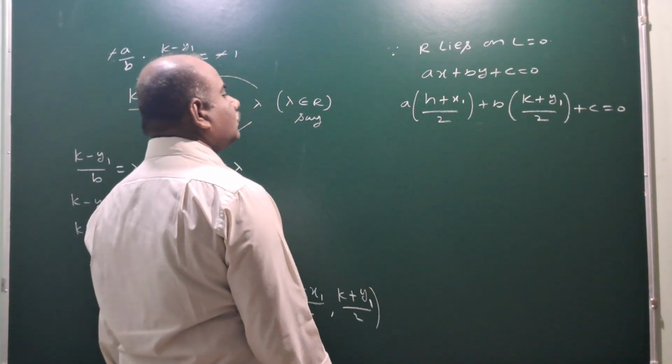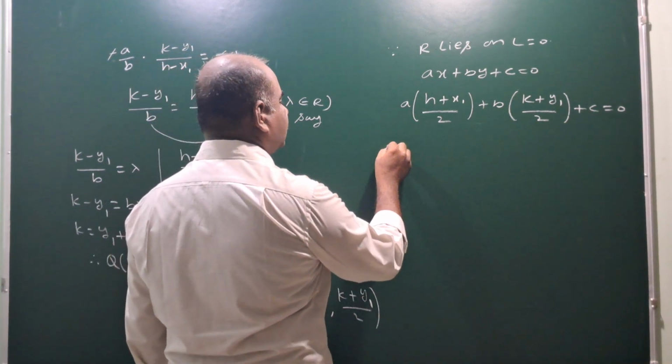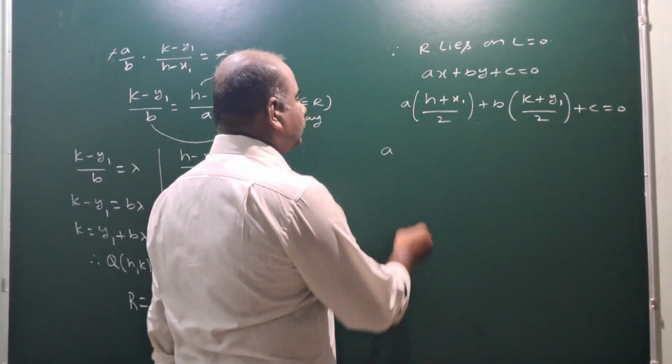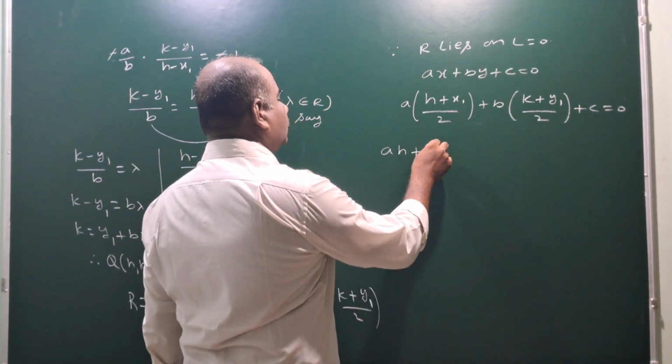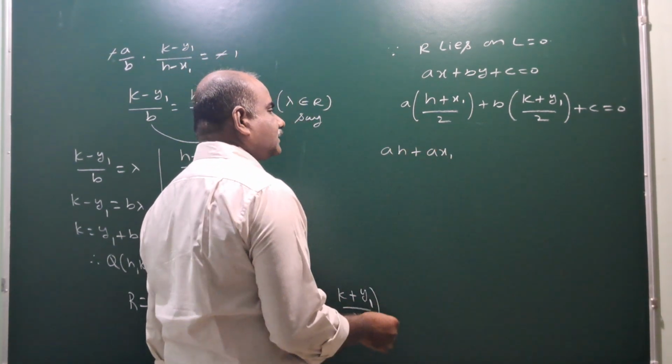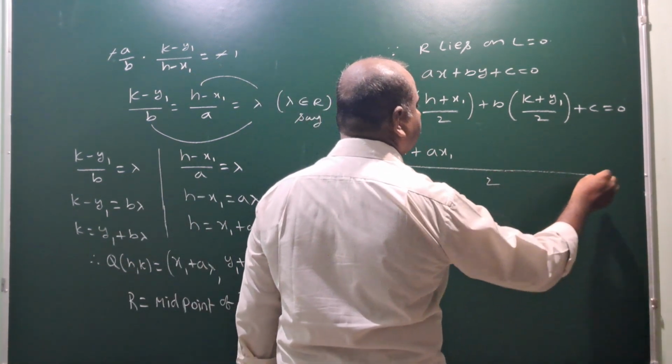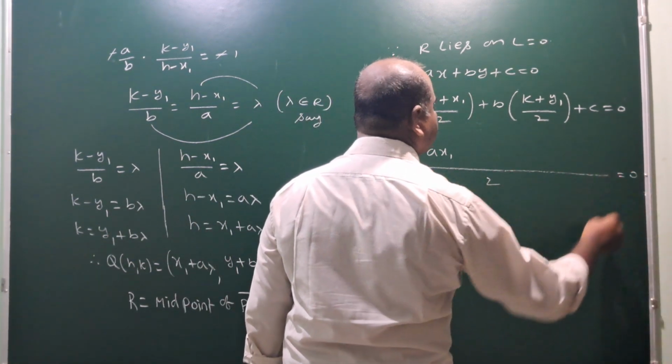Okay. So take LCM and also multiply these two. A into H, AH, A into X1, AX1, take LCM whole by 2 is equal to 0.